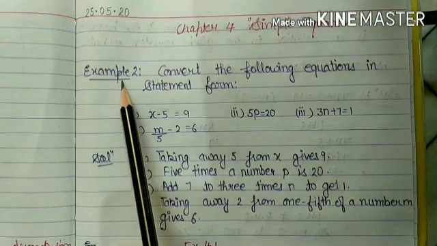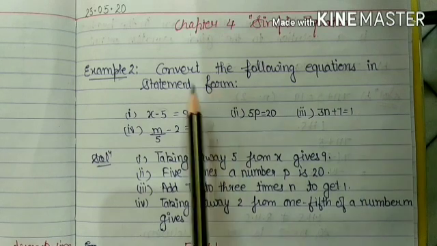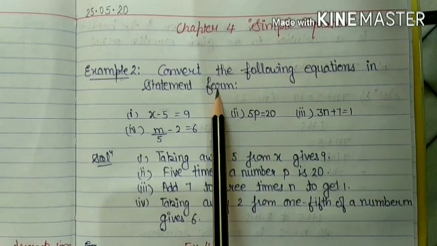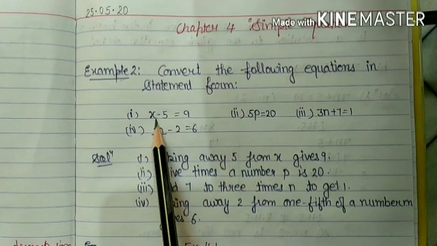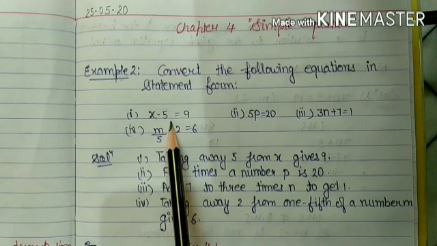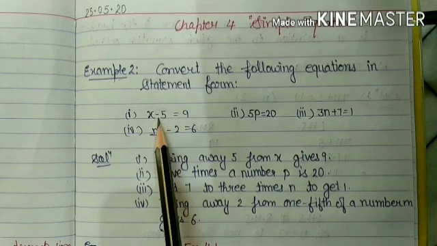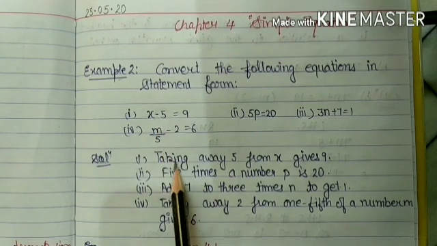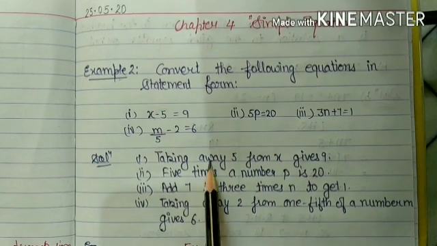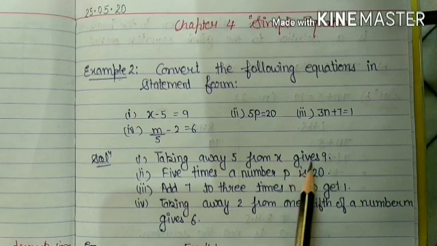In example number 2, convert the following equation into statement form. Here an equation is given. You have to convert it into statement form. X minus 5 gives you 9. You can read it as: taking away 5 from X gives 9.